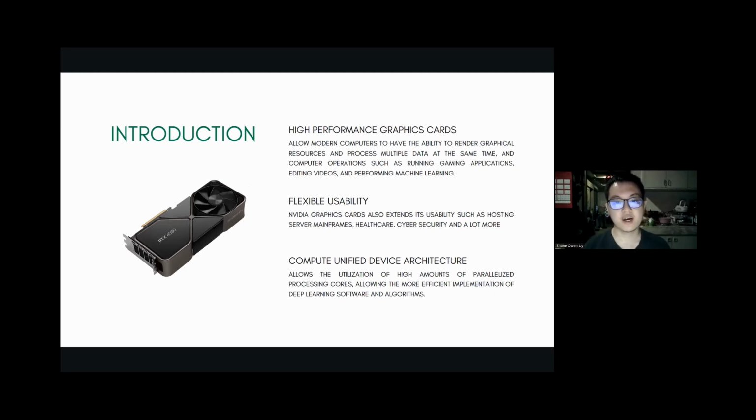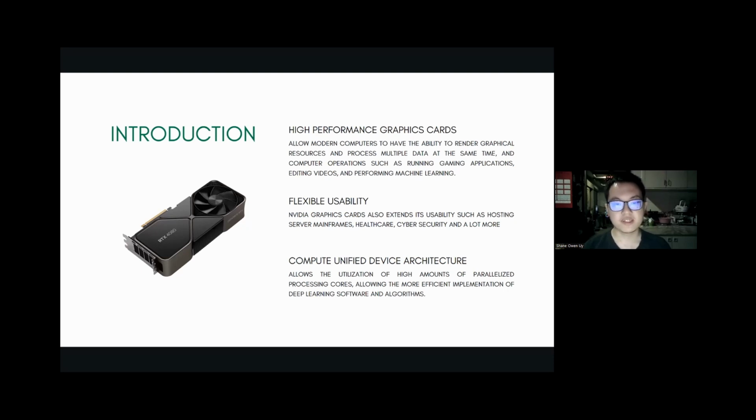These graphic cards have been widely used not only by personal users, but also large companies that need strong resource processors on their technology, such as companies that host a large server, companies that host a data mainframe, or companies that pursue the field of deep learning, which requires a lot of parallelized processing cores.